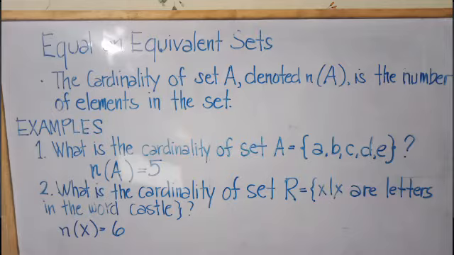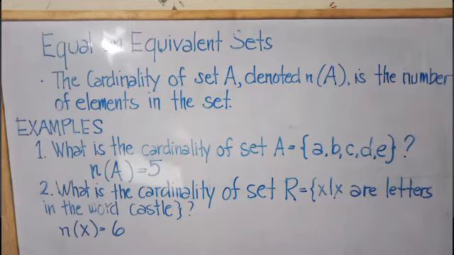The cardinality of set A, denoted n(A), is the number of elements in the set. For example, number 1, what is the cardinality of set A when A equals A, B, C, D, E?